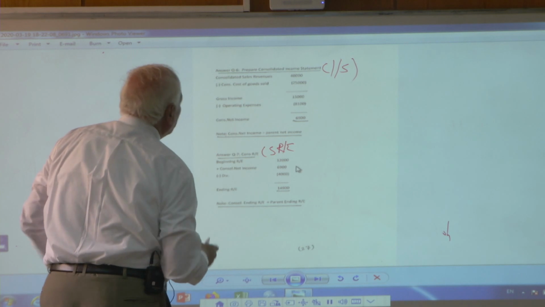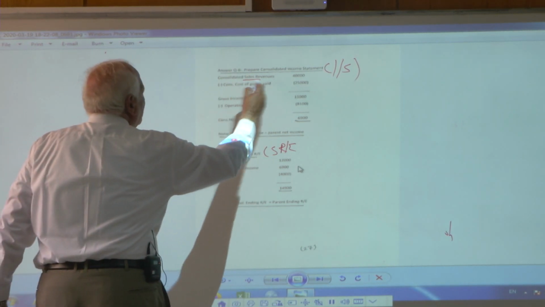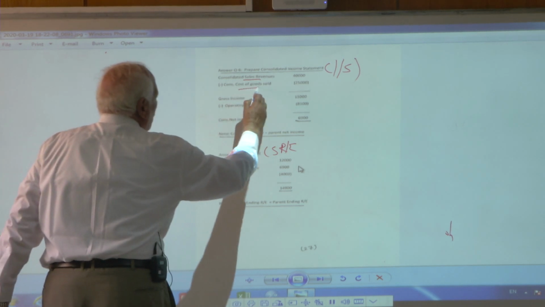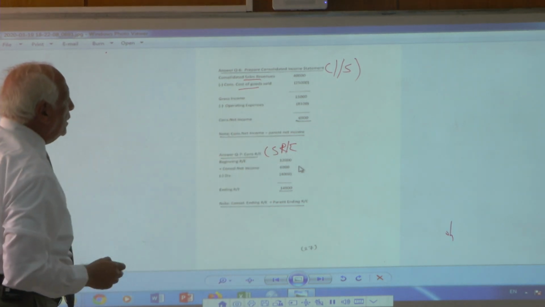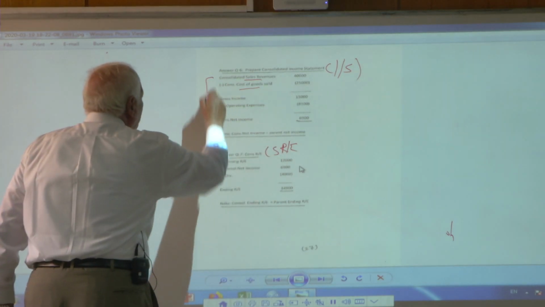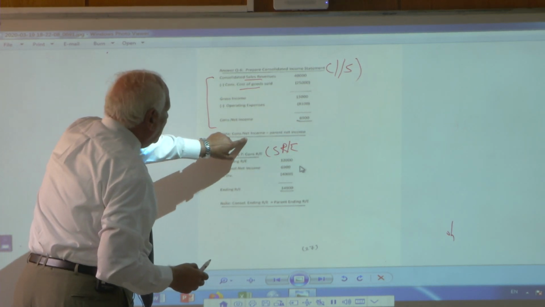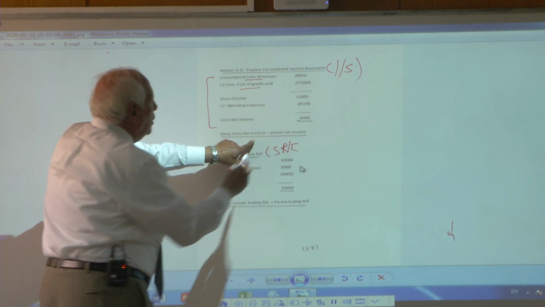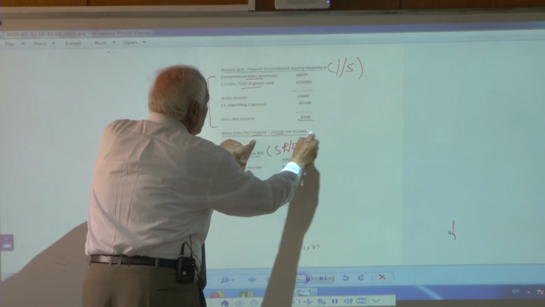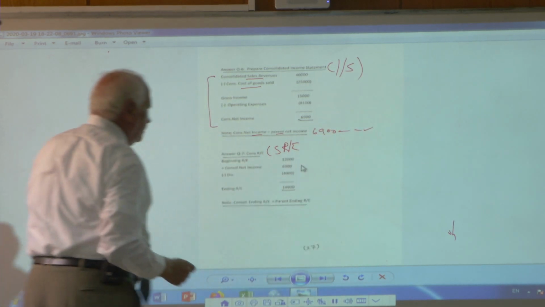Start one by one. You take it from the last column. Consolidated sales revenues first, minus cost of goods sold. It gives you gross income, gross profit, minus operating expenses. All of this from the last column. Note, consolidated net income, 6,900, equal to parent net income, which is the same number, 6,900. That's very, very important.